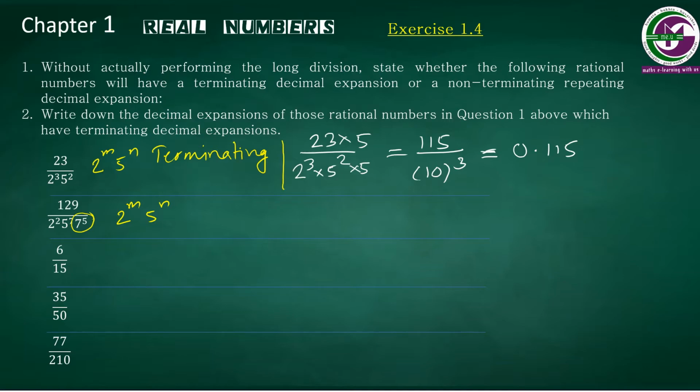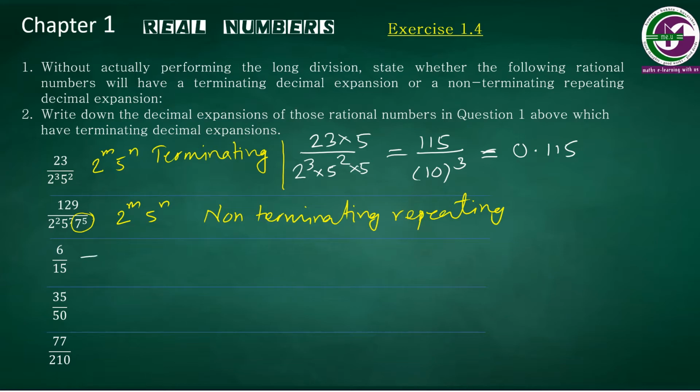So we cannot cancel all the 7 to the power 5. We will get an extra factor other than 2 and 5 in the denominator. So it has a non-terminating, repeating decimal expansion.